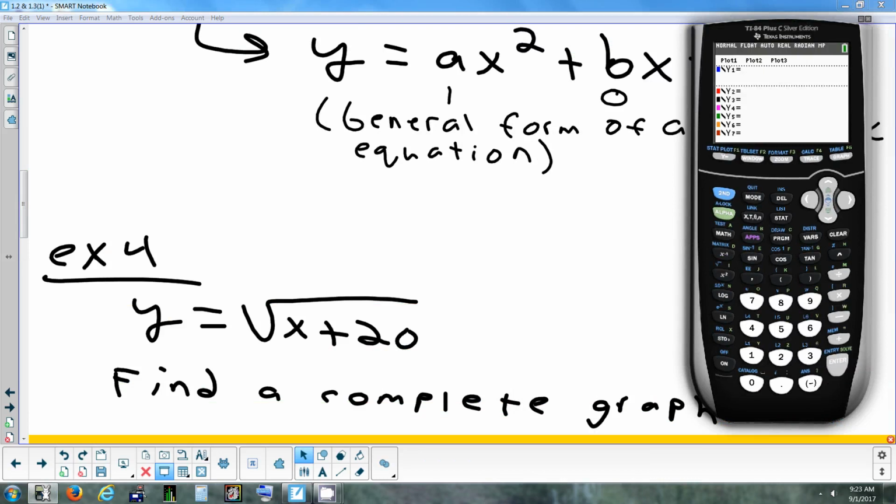If I haven't shown you how to get to square root, that's a second function. Press second, and then the x squared, and you should get a square root. And we're just going to type in x plus 20. Big difference if the plus 20 is under the root or outside the root. I'm doing it under the root. And I'm going to hit zoom 6.